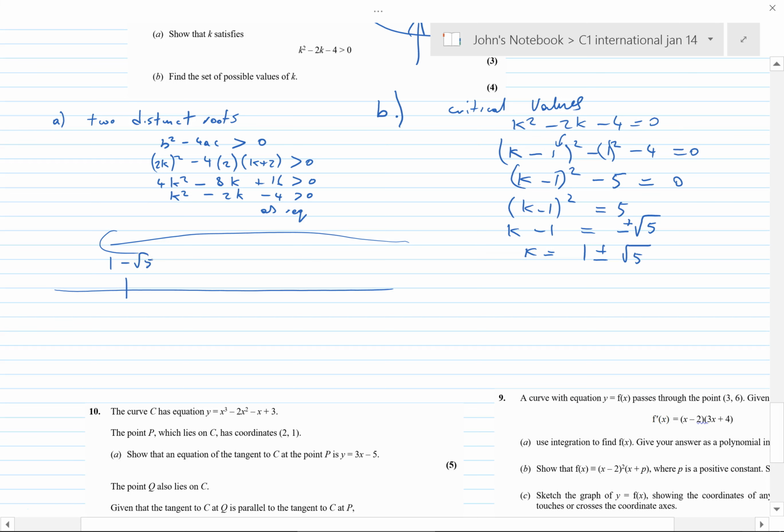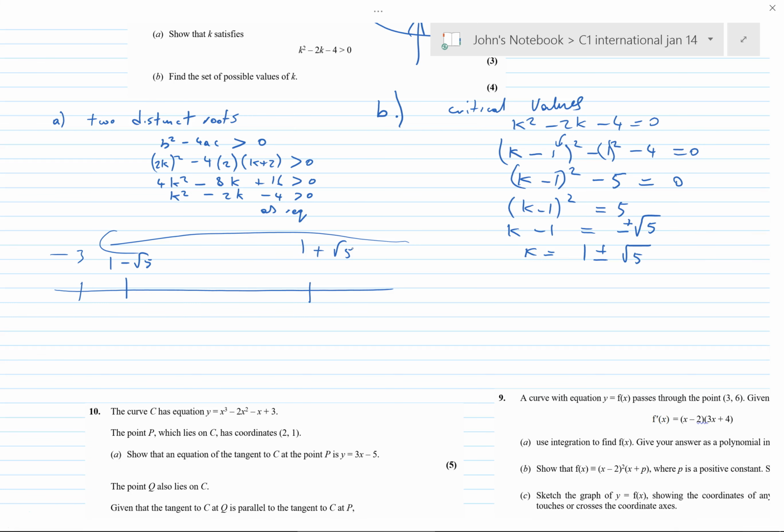Now, you don't know exactly what that number is because it's not in a calculator, but you know that it's negative, and you know that minus 3 will be smaller than that, or minus 2 even. You know that minus 3 would be over here, for example. And 1 plus the square root of 5. Again, you don't know what it is, but you know it's some number above 3.